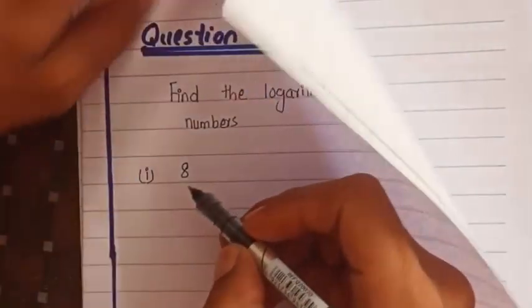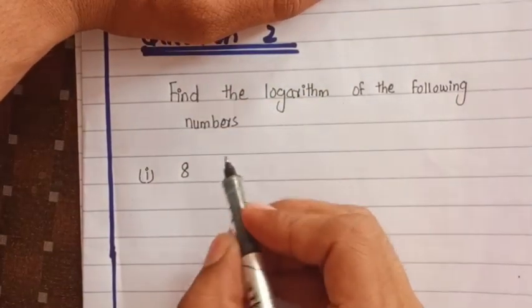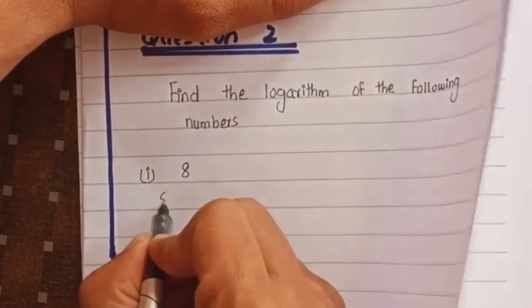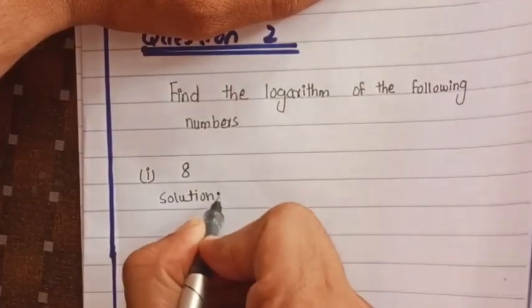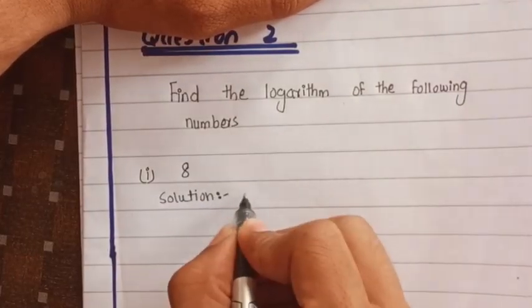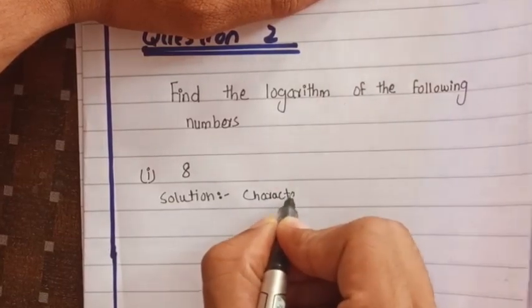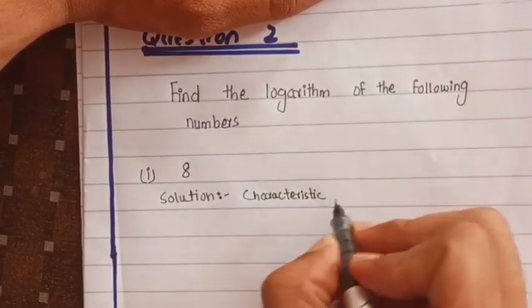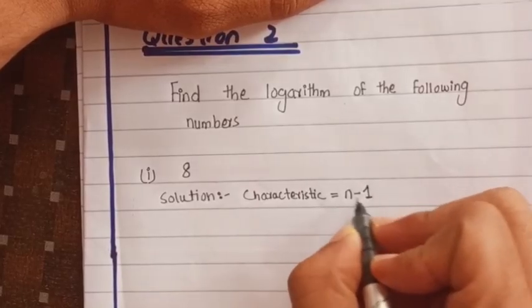See here, the first question is 8. First of all, I need to find its characteristic. Solution: suppose characteristic, what is the formula of characteristic? n minus 1, where n is the number of digits.